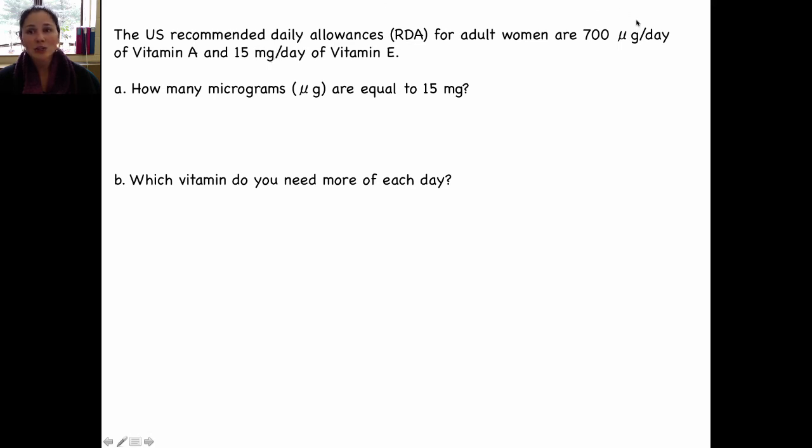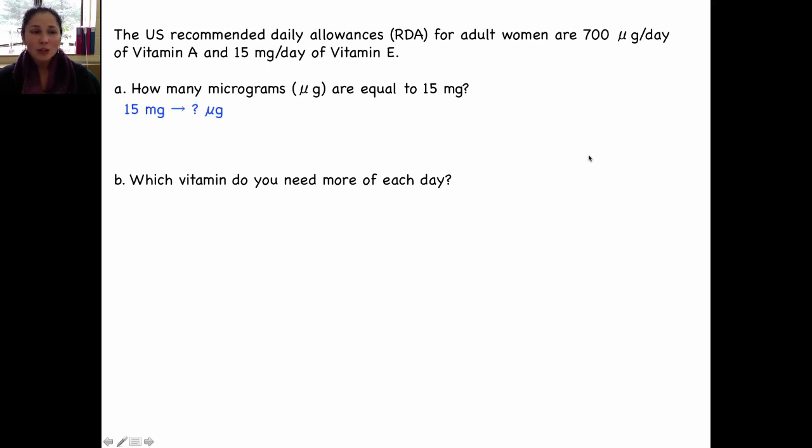Since part A is asking us how many micrograms are equivalent to 15 milligrams, we'll simply convert this 15 milligrams per day into micrograms per day so that we can directly compare these numbers when they're in the same units.